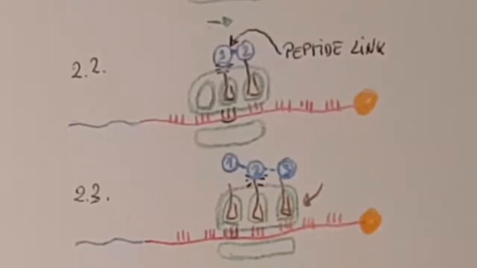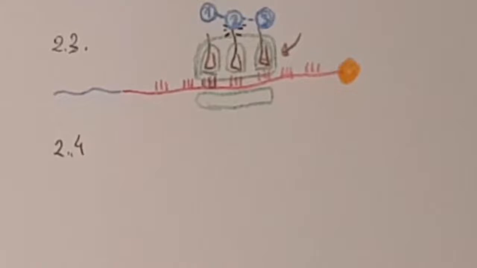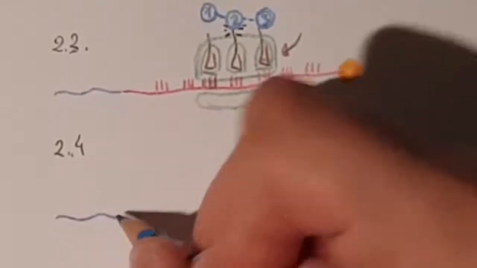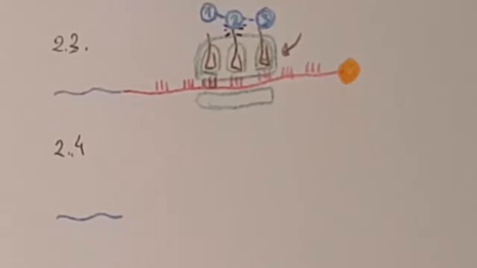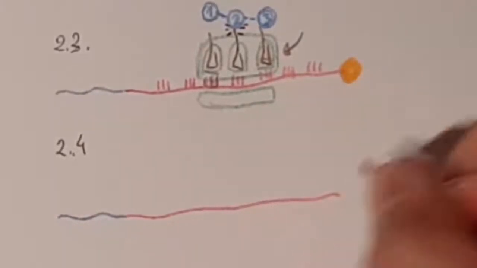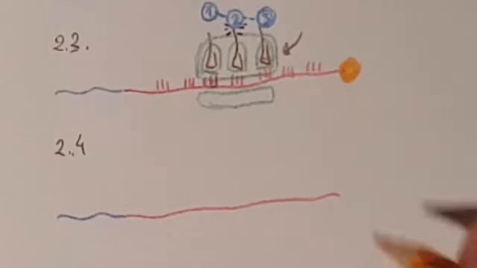So when we get to step 2.4, the next elongation, the ribosome moves.